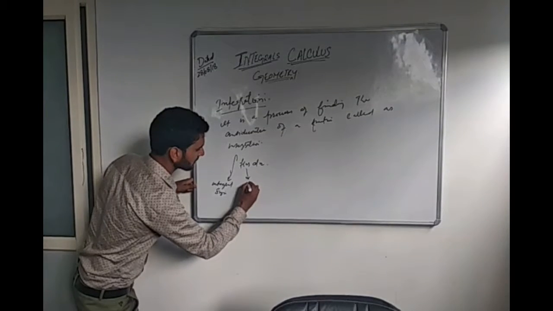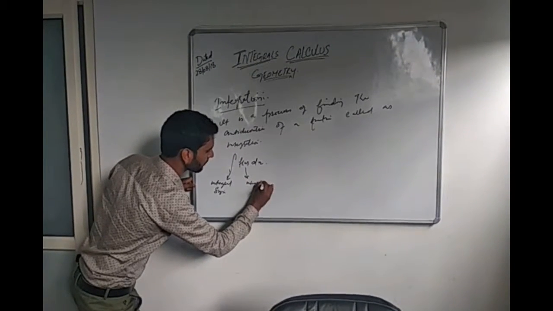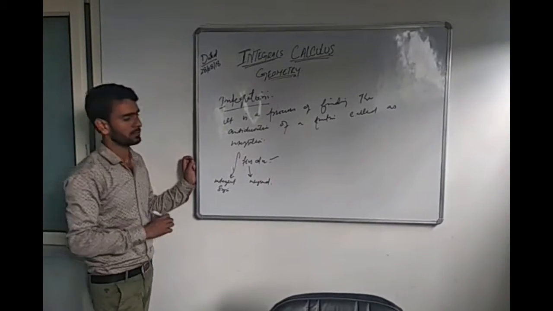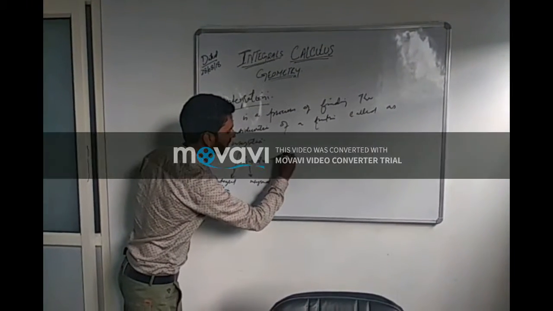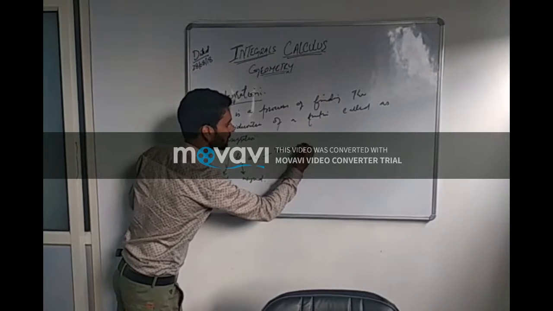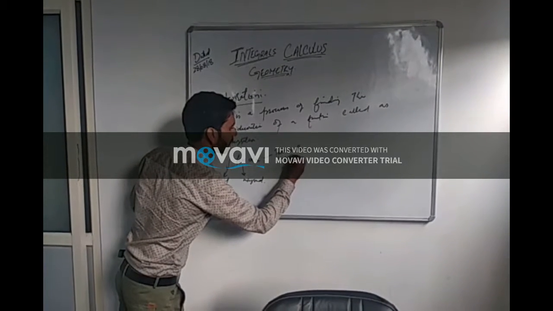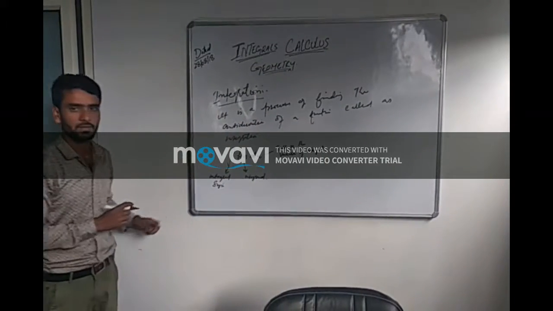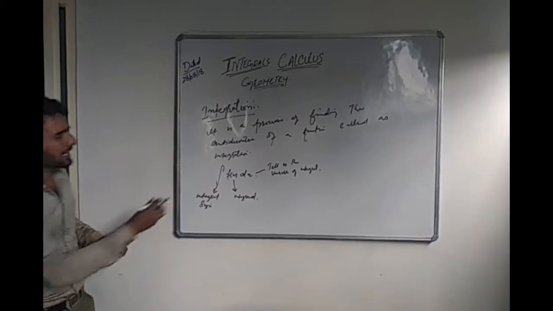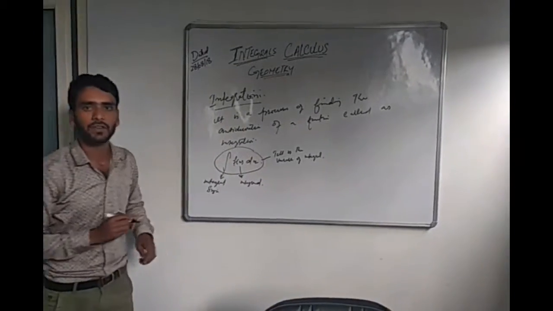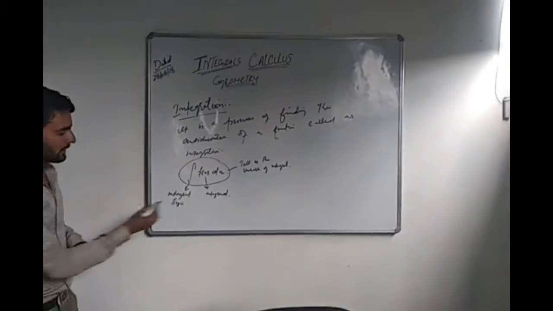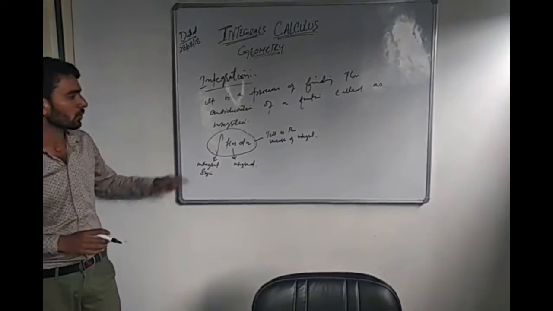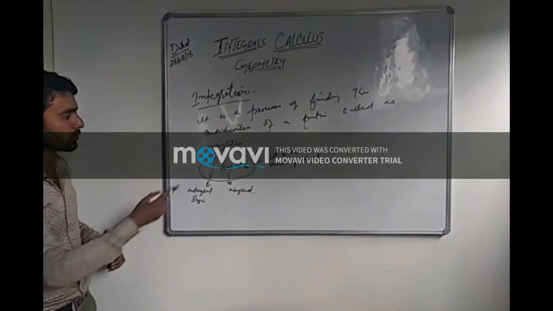This f of x is called the integrand, and this dx tells us the variable of integration. Basically, this is the general notation of integration, the symbol we use to denote that we are integrating this equation.